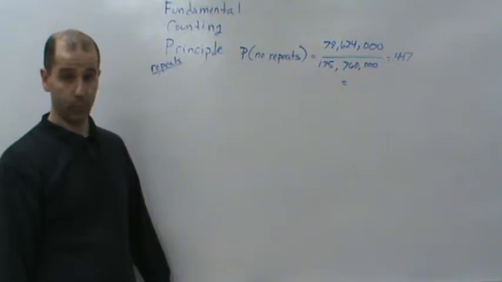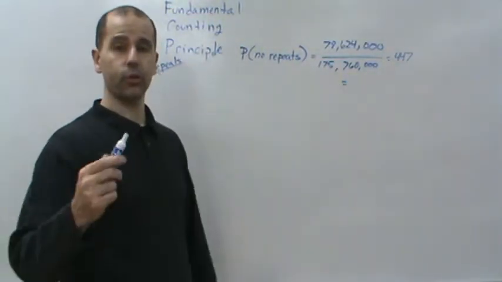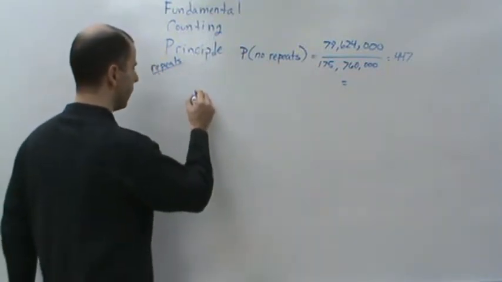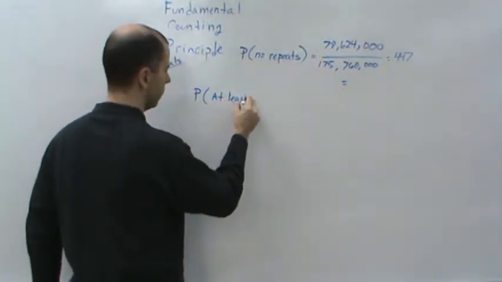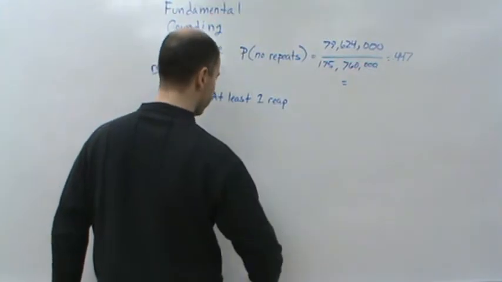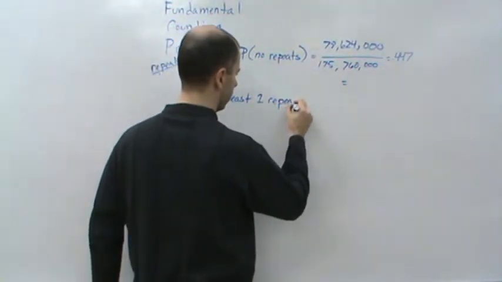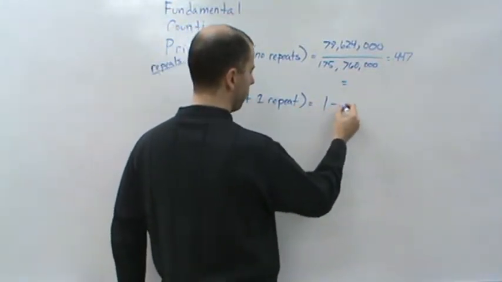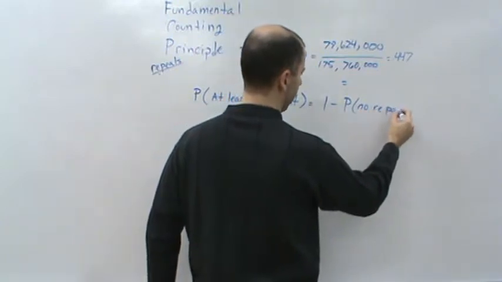Let's use the complement rule. Remember, the complement to at least 1 is none. So if we want the probability of at least 1 repeat, that's the same as 1 minus the probability of no repeats, right?